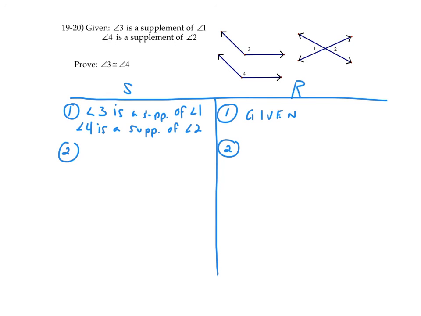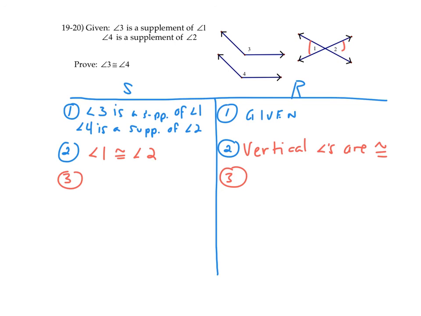Check out your picture. Right here, I can see that angle 1 and angle 2 are vertical angles, so therefore they're congruent. Remember that this is just that easy theorem: vertical angles are congruent. Not the vertical angle definition. We never will use that as a reason because the definition of vertical angles is really awkward.